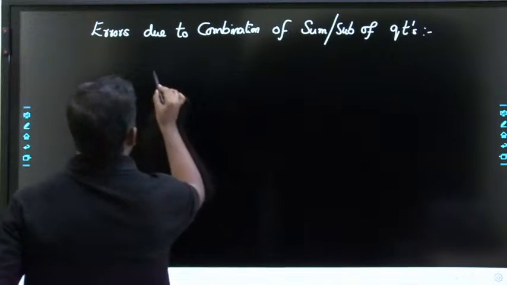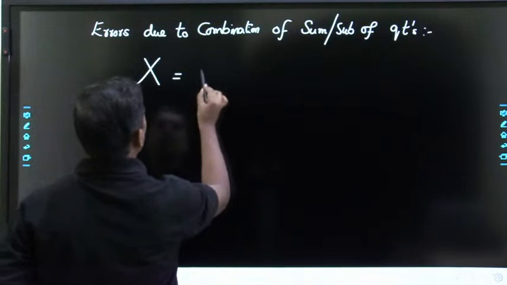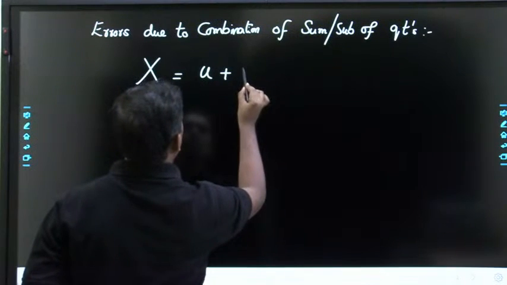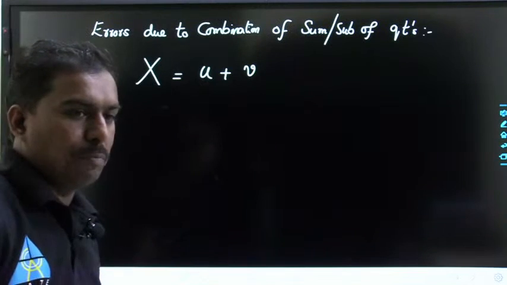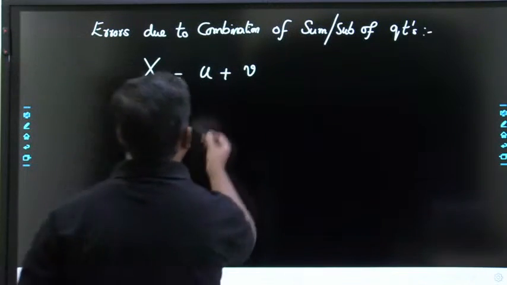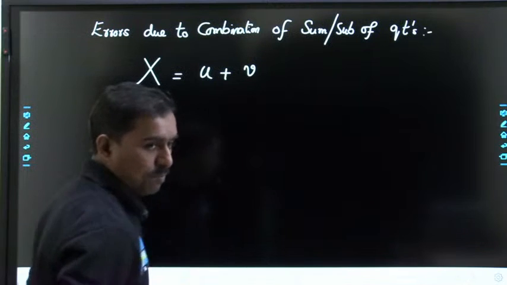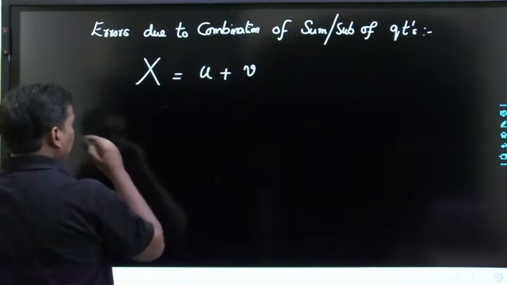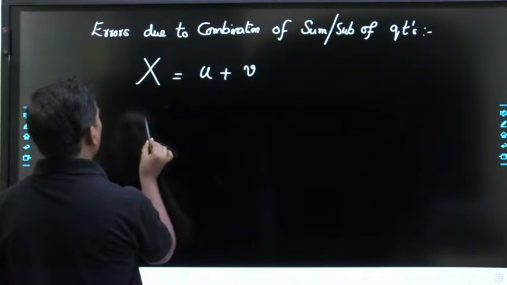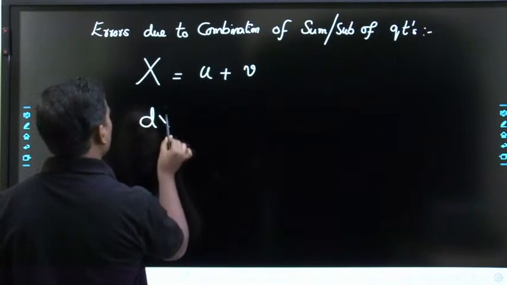For example, x is due to the summation of u plus v, and u has an error and v also has an error. Okay na? So then what is the error in this dx? If you check this particular dx, what dx are you going to get?